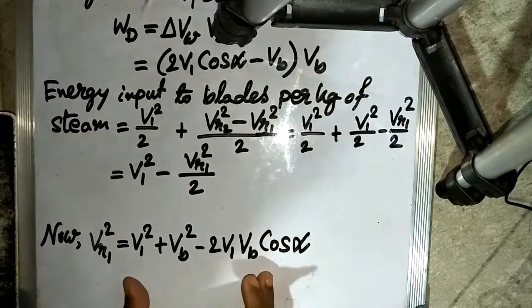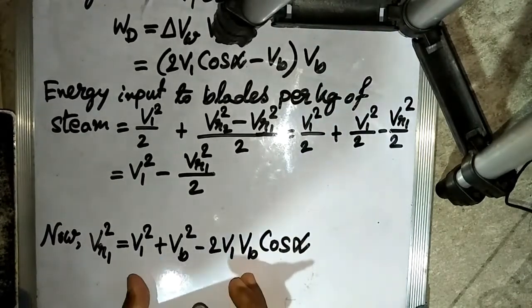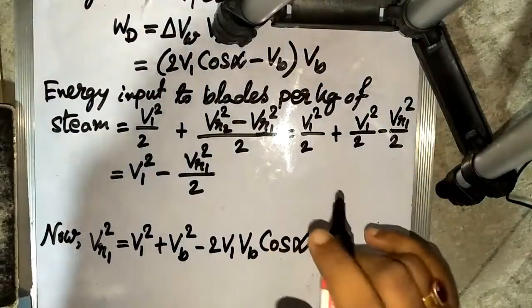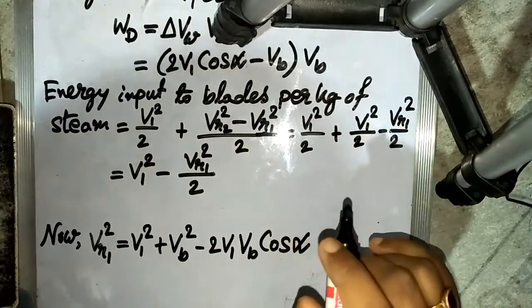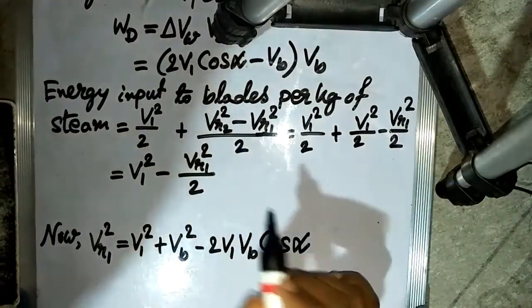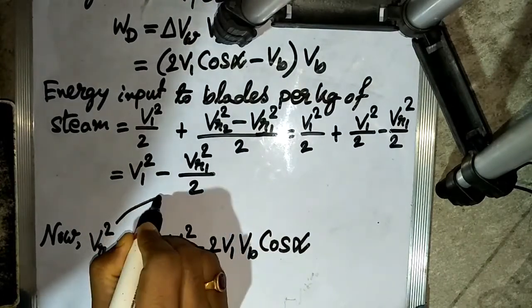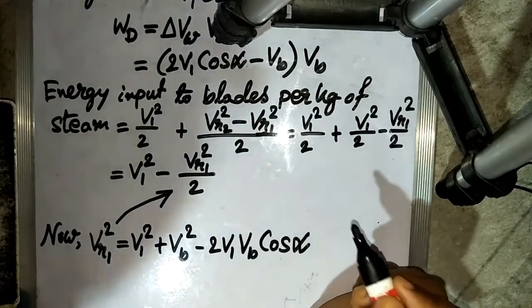This comes from the inlet velocity triangle, by using the vector triangle law. Now we substitute this VR1 value into the above equation.